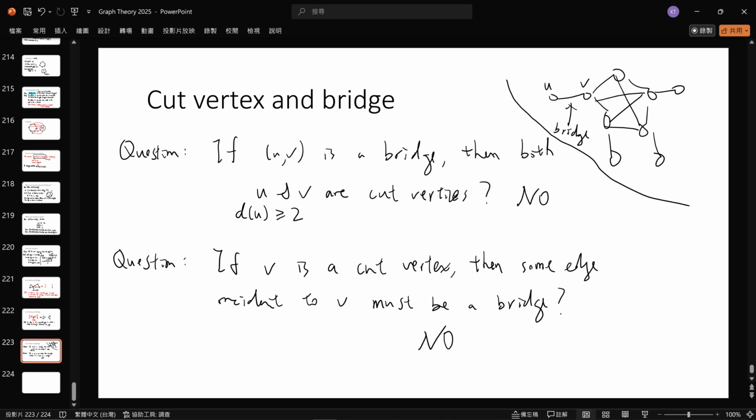So if I add one more neighbor to U, then removing U will disconnect U's neighbor from the remaining part of the graph. So if the degree of U is at least 2, then U is a cut vertex. Similarly, if the degree of V is at least 2, then V is a cut vertex.